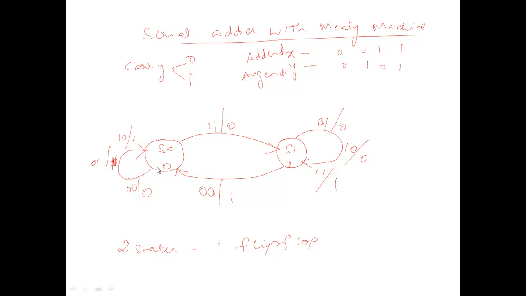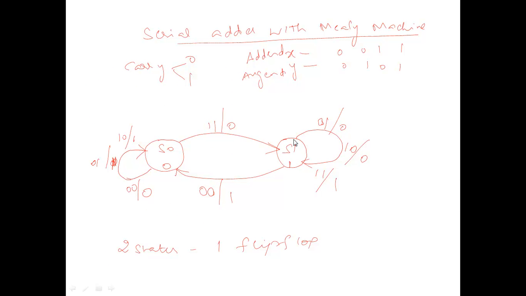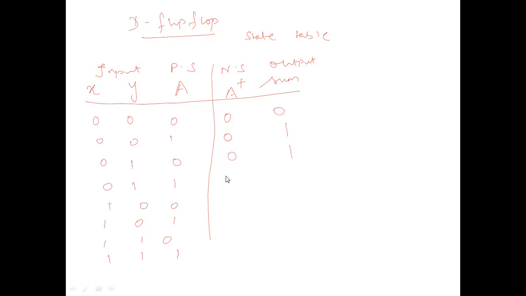You can see the next state is 0 and the output is 1. Now present state is 1, input is 0, 1. You can see the next state is also 1, and the output is 0.